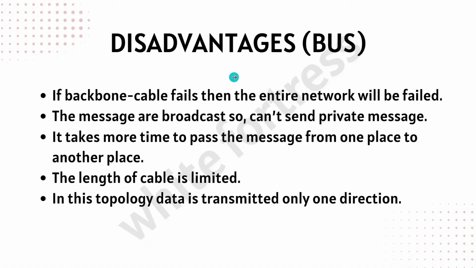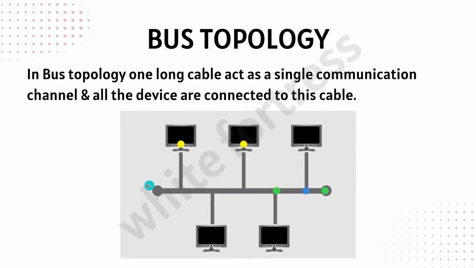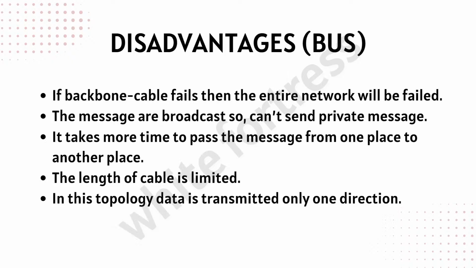Next, we have the disadvantages. If the backbone cable fails, then the entire network will fail. Obviously, there is only one cable helping the entire network connect with each other. The messages are broadcasted, so you cannot send private messages.